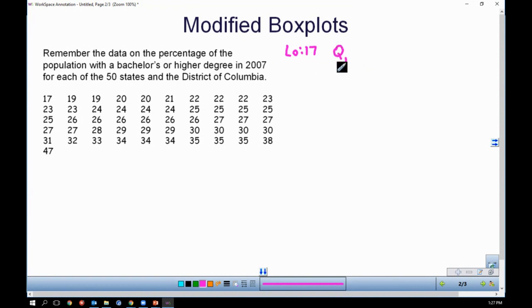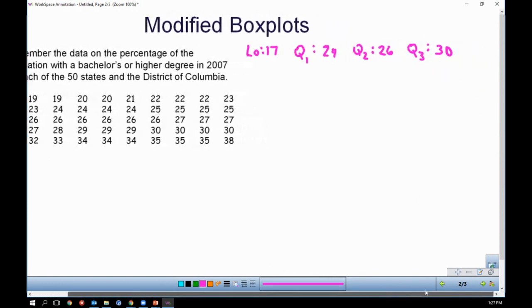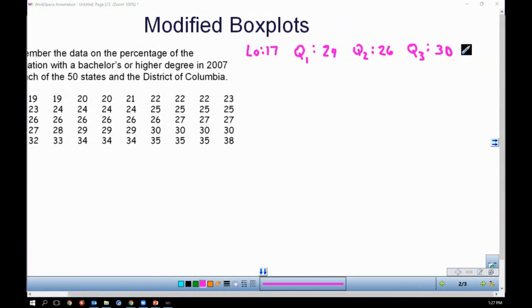What was Q1? 24. What was our median? 26. Q3? 30. And then, see if I can squeeze high in here. What was our high value? 47.